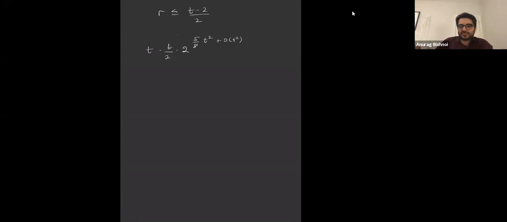The rank can be at most (t-2)/2, let's say. And these things just get absorbed in the little o of t squared term. So we are done. So in fact, we have t squared plus little o of t squared. Okay. So we could find a KT-free graph which does not have too many independent sets.